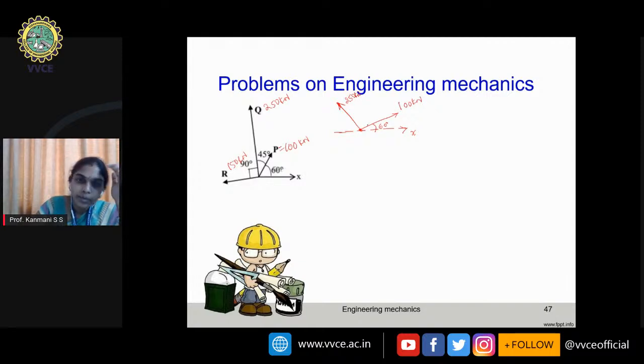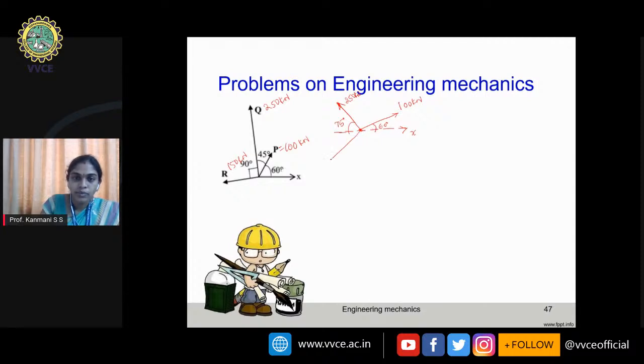They said the angle between this and this force is 45 degree. So let me see what is this angle. So that angle is 60 plus 45 degree. 60 plus 45, we are going to get 105. 105 means, let me write this angle. It's easy for me to write this angle. 180 minus 105 is 75 degrees. So this angle is given as 75 degree with respect to x-axis.